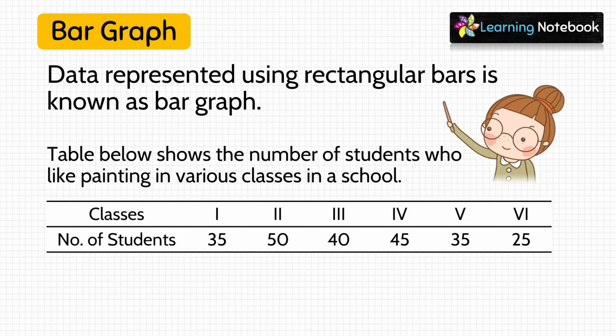Here, this table is showing the number of students who like painting in various classes in a school. So here, classes are given from 1st to 6th. And in each class, there are some students who like painting. So let's see how to represent this data using bar graph.